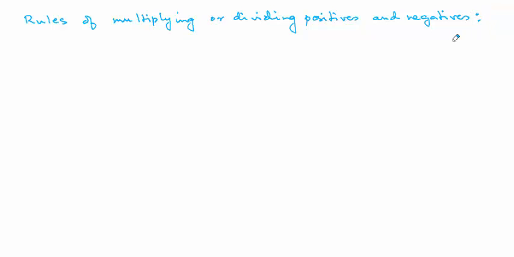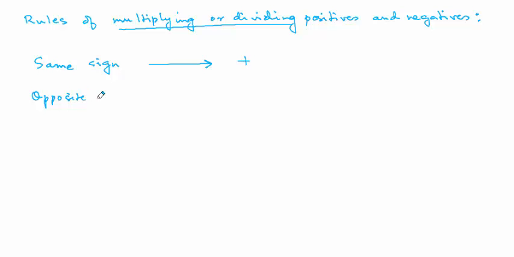And the rules are pretty simple. If you're going to multiply or divide two numbers of the same sign, the answer is always positive. If they are of opposite signs, the answer is negative. As easy as that.